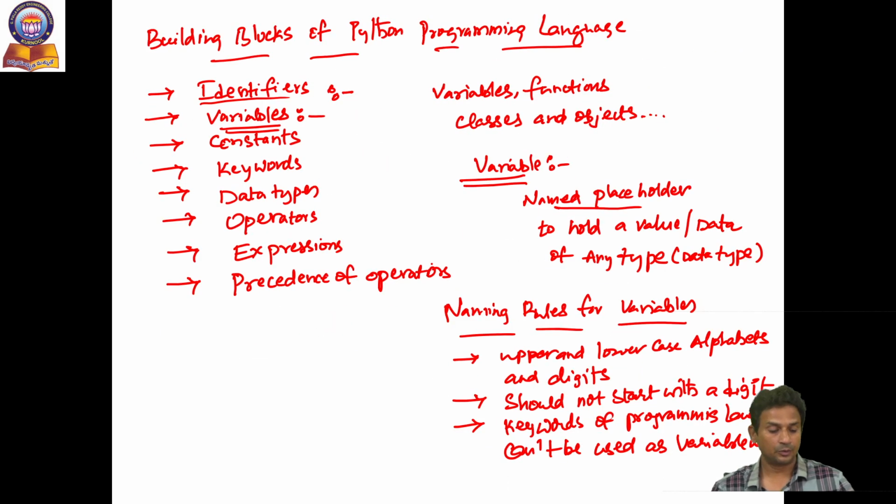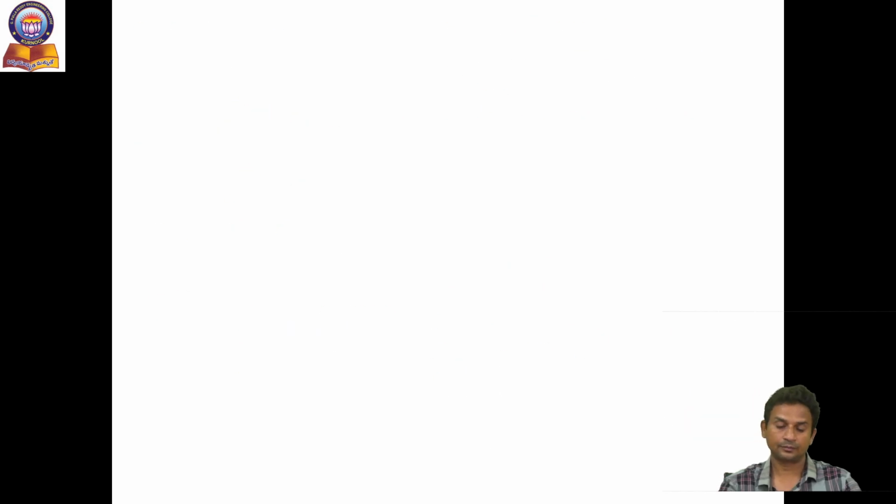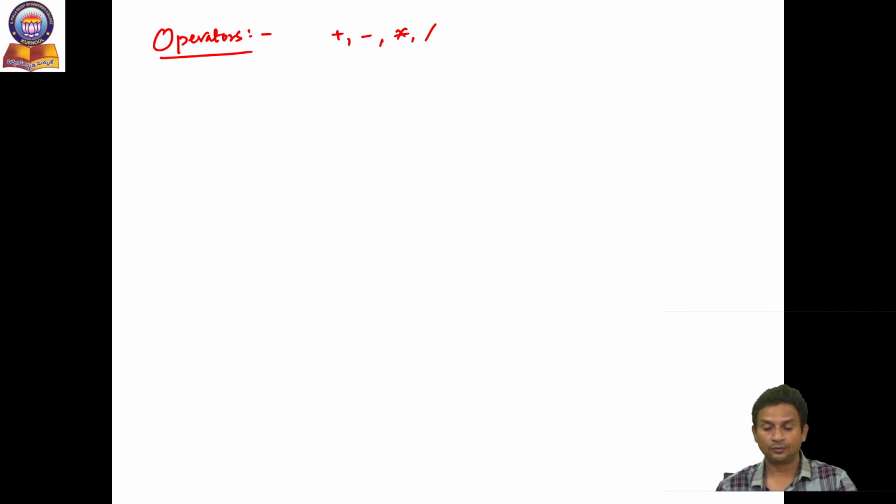Next we'll discuss operators. We know the standard operators like plus, minus, multiply, and divide. All these operators are used to perform arithmetic operations, and of course we have operators which can perform logical operations.